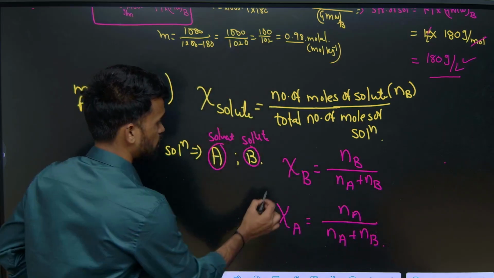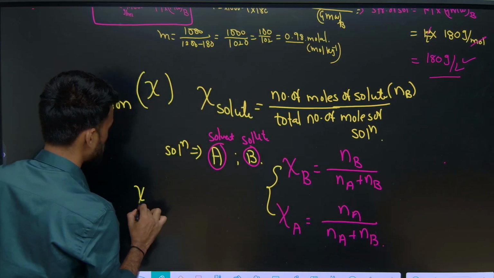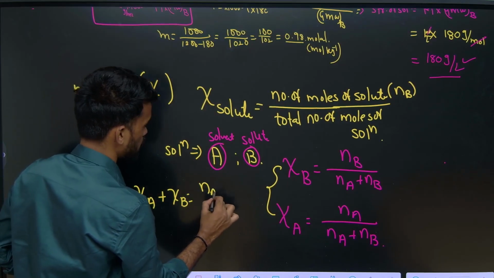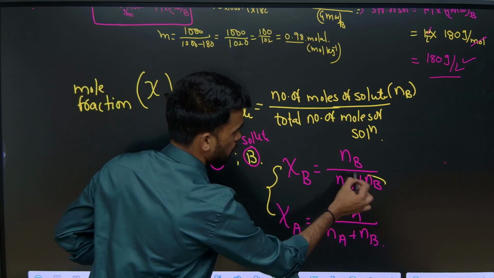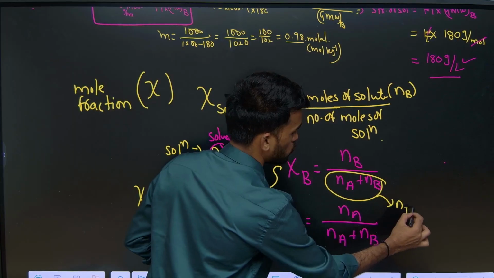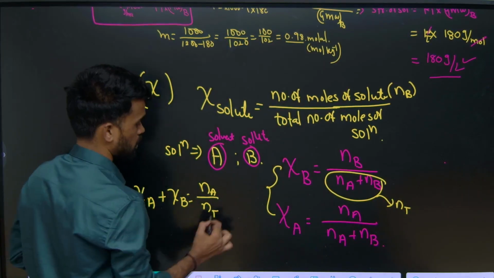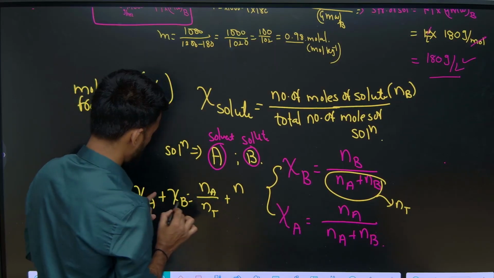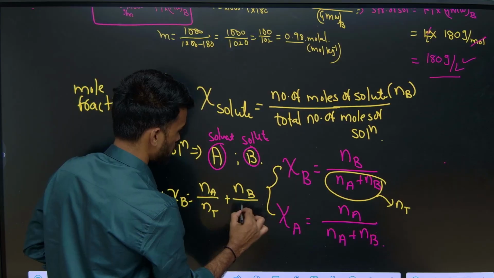Now when we add these two things, chi A plus chi B, what happens to the formula? NA by N total plus, for B, chi B is NB by N total.